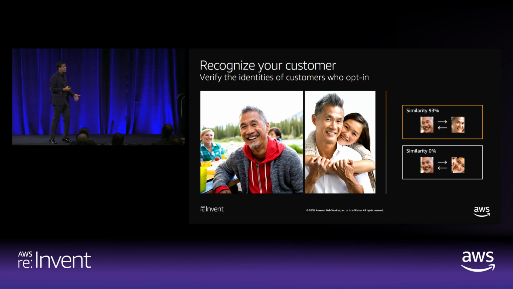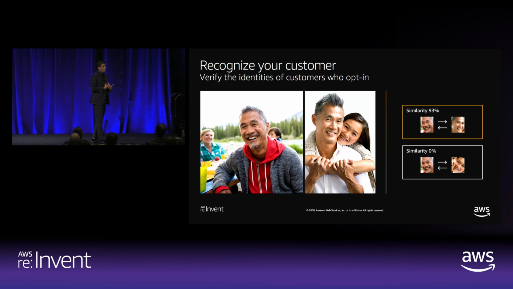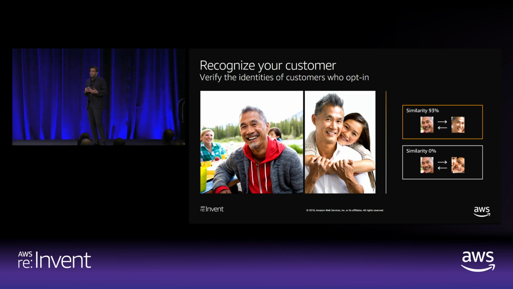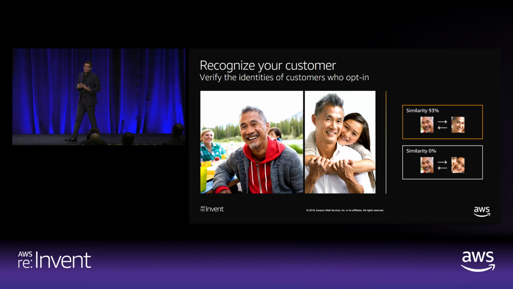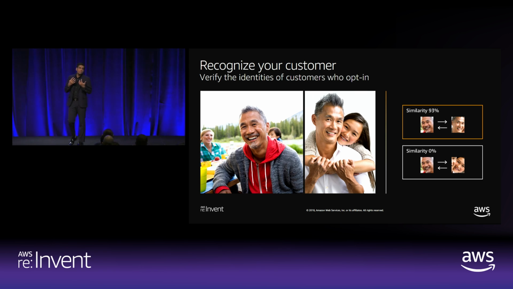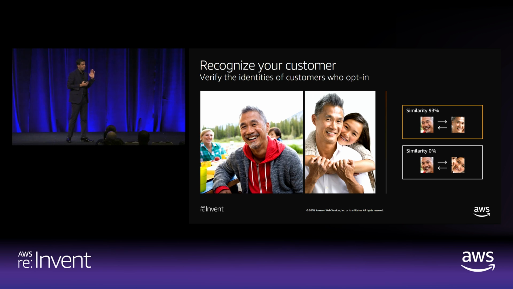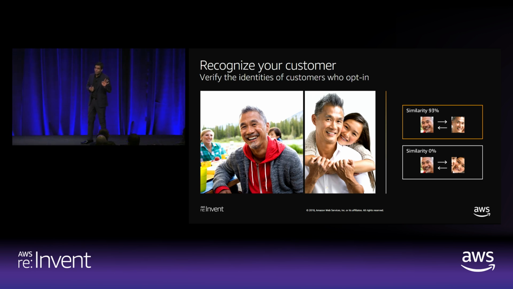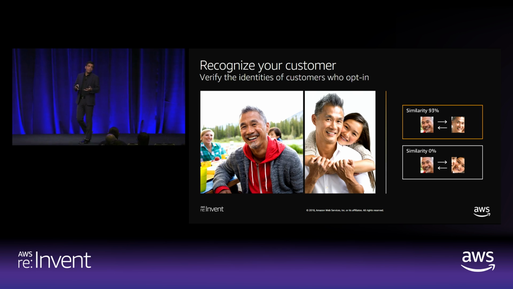Imagine the hotel story that I talked about. If you were to build a solution for your best customer, and this could happen for any retail space that you manage, knowing who your customers are and providing the best quality of service is essential, and you could do that today. Now, this comes in 2 flavors. You could compare one face to another face, which we call face comparison, or you could compare one face to a collection of faces that you might have already created.